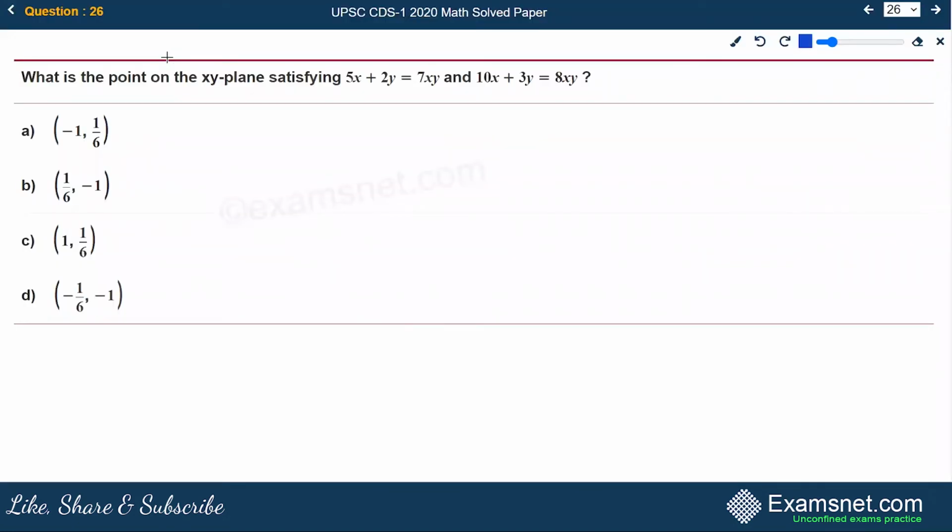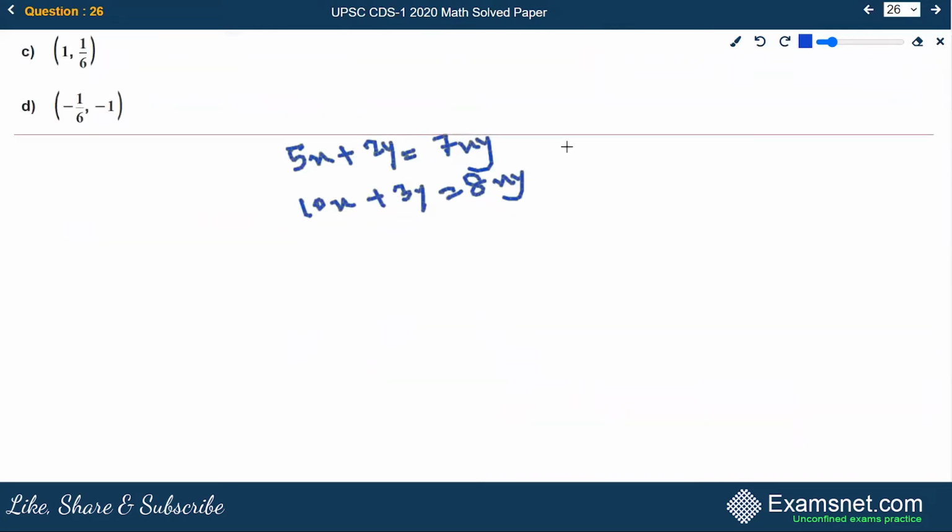In question number 26, we are given: what is the point on the xy plane satisfying 5x plus 2y equals 7xy and 10x plus 3y equals 8xy? We have to find the point. Let's name them equation number 1 and equation number 2.